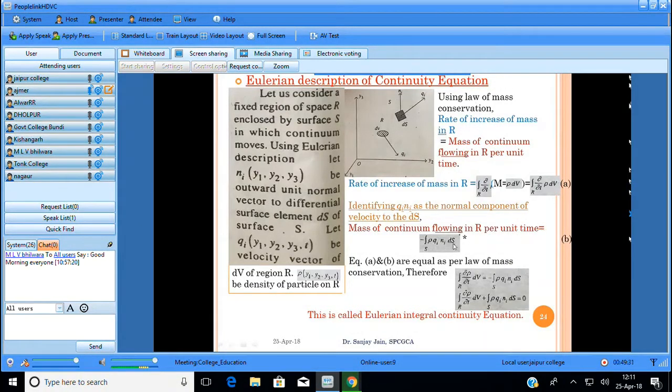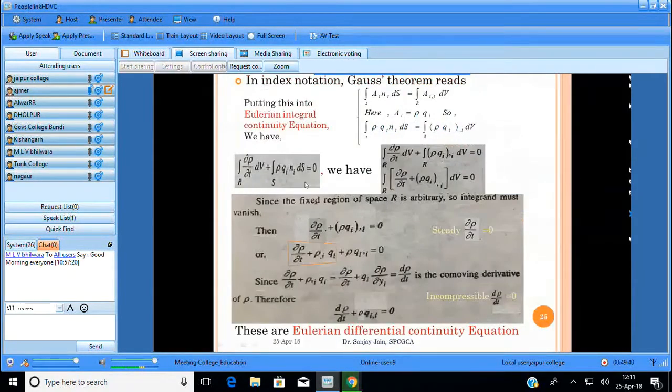Now the mass of continuum flowing out of R through the surface element dS per unit time is denoted by this. This is written directly in the text material, and how it comes may be seen here.